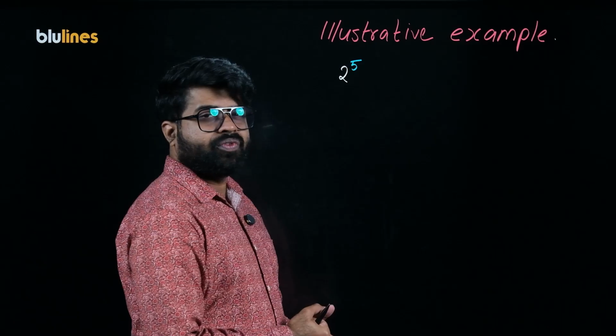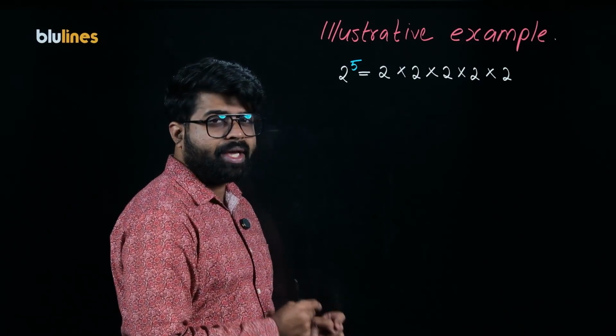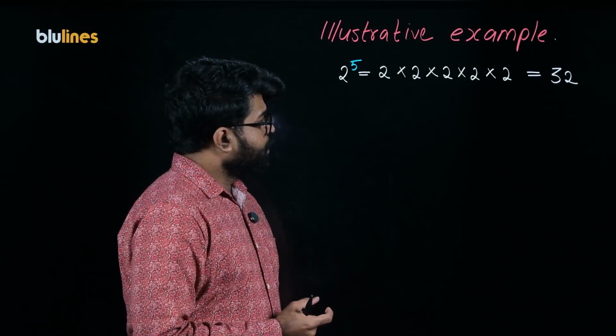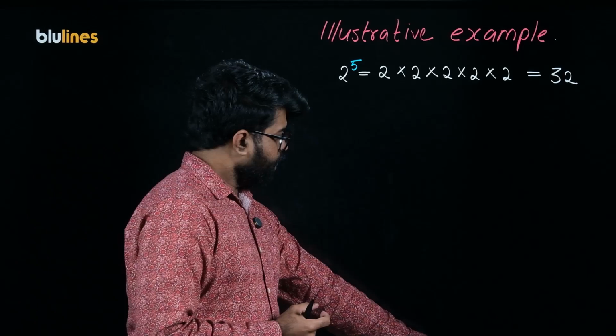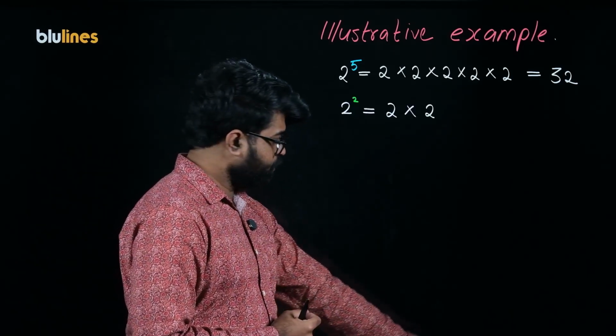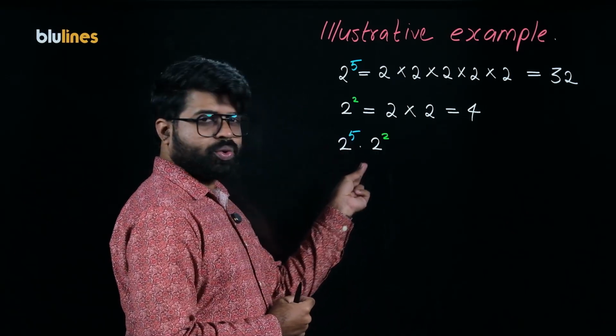So let us see an illustrative example. 2 raised to 5. What is 2 raised to 5? That is equal to 2 into 2, we are multiplying 2 five times, which is equal to 32. Now, what is 2 square? We are multiplying 2 two times. That is equal to 4. Now, what is 2 raised to 5 into 2 square?